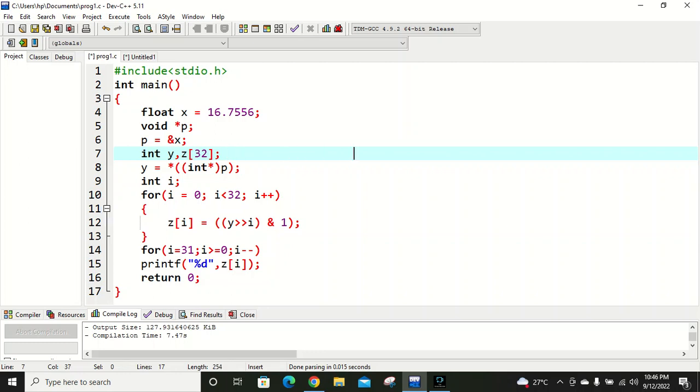It is very easy. Just try to understand what I have done here. This is the right shift operation. Suppose there is some pattern inside y, stored in the form of numbers. What I am going to do is the AND operation. Suppose I take this number, this is our actual number.